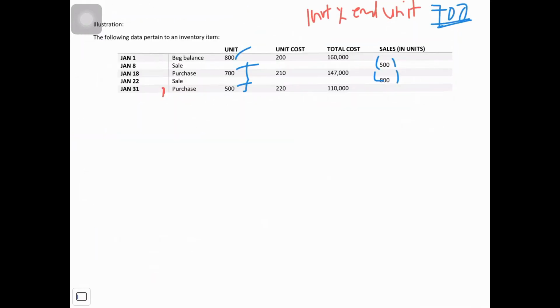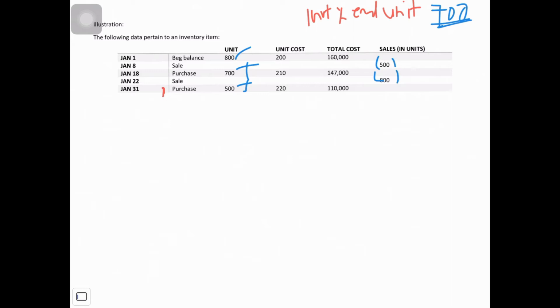So here, in this illustration, first things first, let's get the inventory and the units. So, we have here 800 beginning. Then, we're going to less the 500 sold.